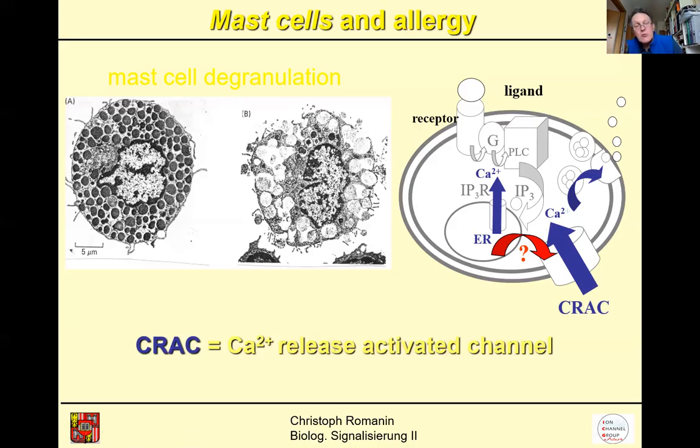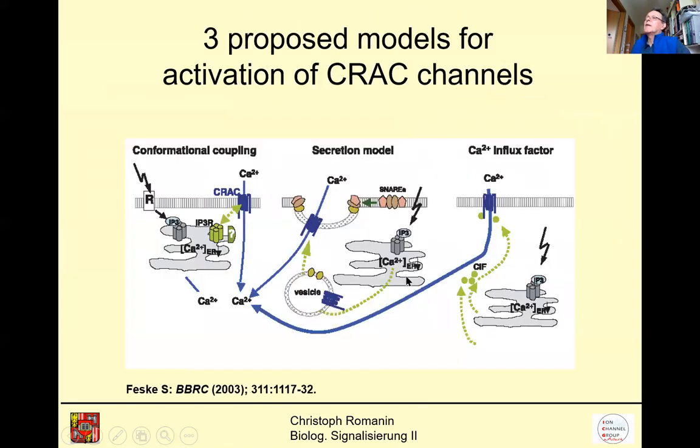Let me just come to models that have been proposed before STIM1 and ORAI1 were identified. Of course, in all of these models, we have the CRAC channel in the plasma membrane. There is only a different hypothesis in these three models of how these CRAC channels in the plasma membrane actually get activated.